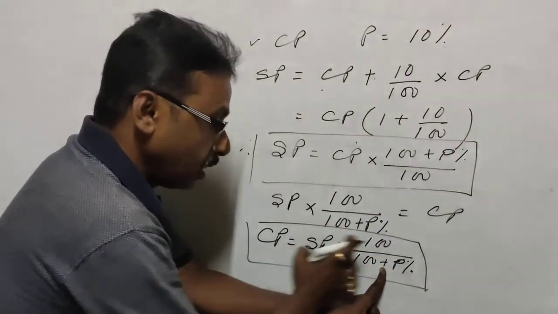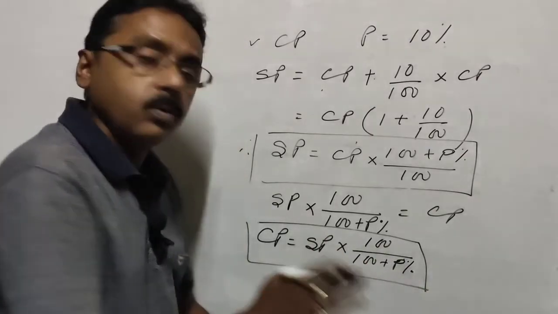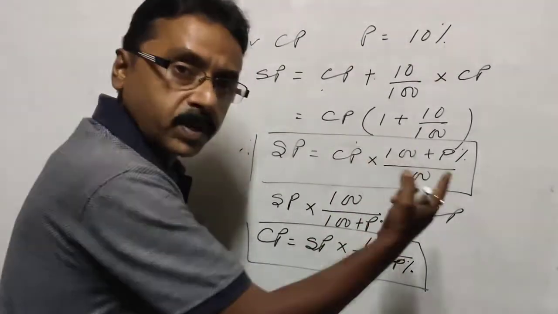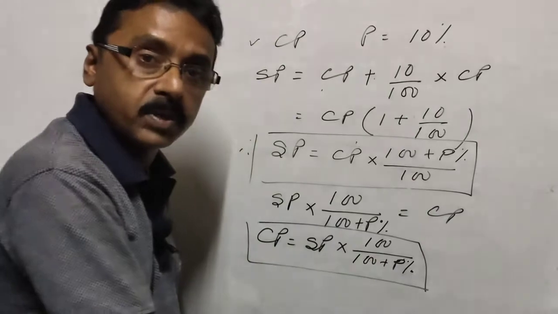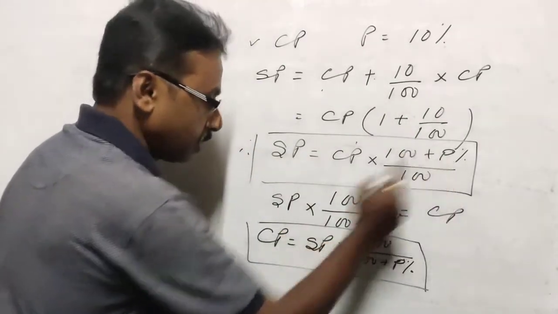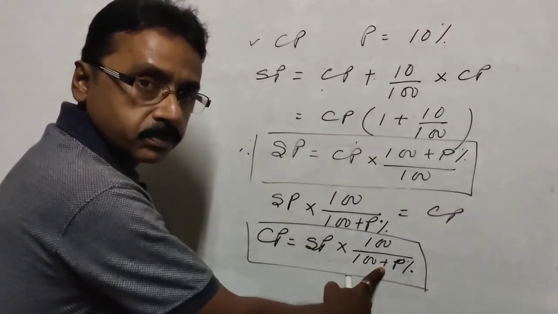So SP into 100 by (100 minus loss percent). So you must remember that if there is profit, then you will write plus profit percent, but if there is loss, then just minus loss percent while getting CP.